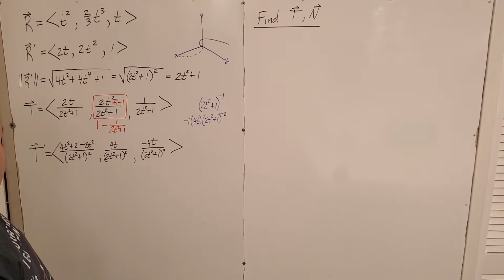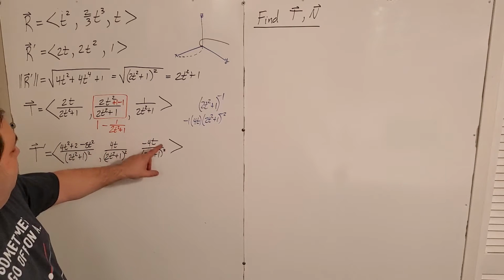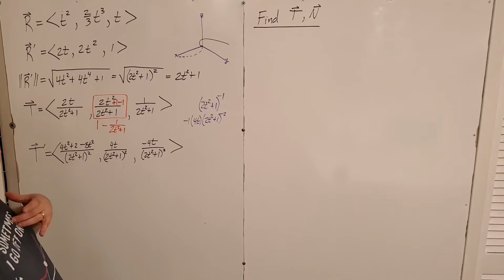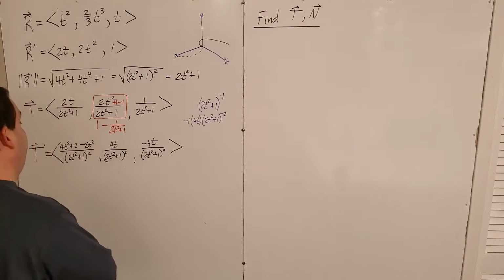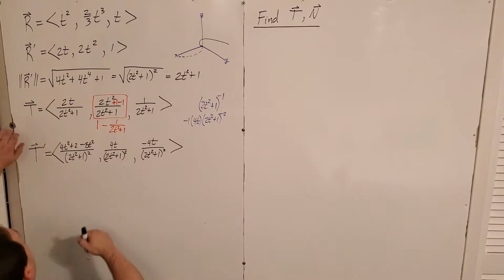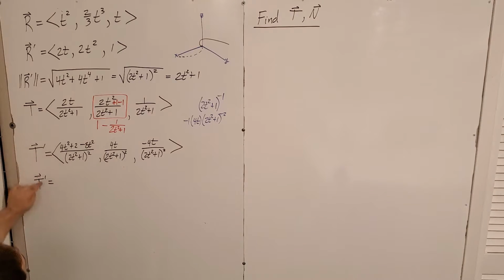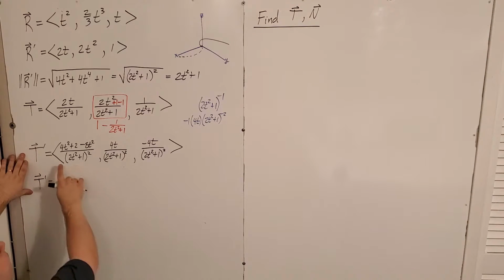Okay, so then to make my normal vector from this point, I simply need to find the length of this. However, I can make that easier on myself by doing some factoring. I notice that I can rewrite this tangent vector derivative, right? I can rewrite this vector right here.